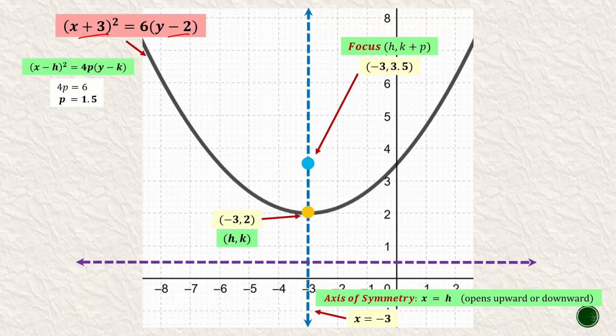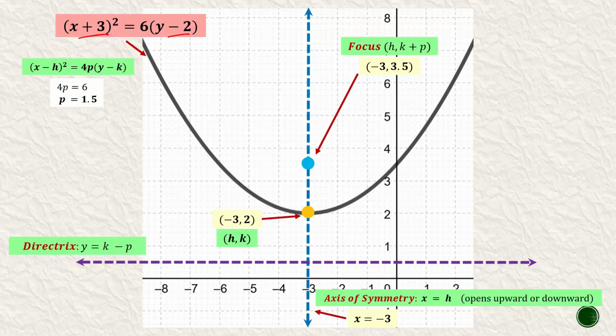Now, the other thing that, again, we need to remember is the directrix. The location of that is under the vertex if the parabola opens upward. So here the formula for the directrix is y equals k minus p. K is equal to positive 2. P is 1.5.